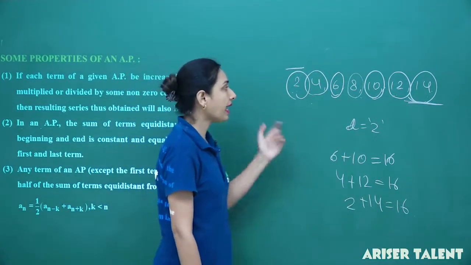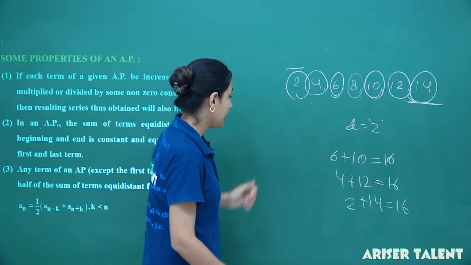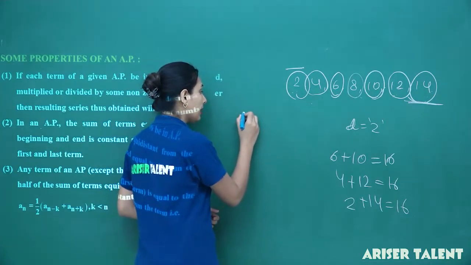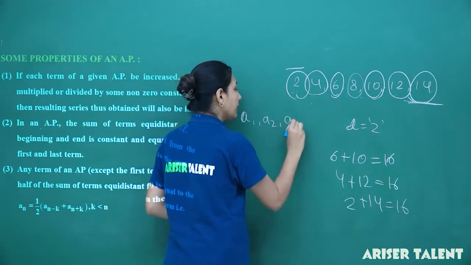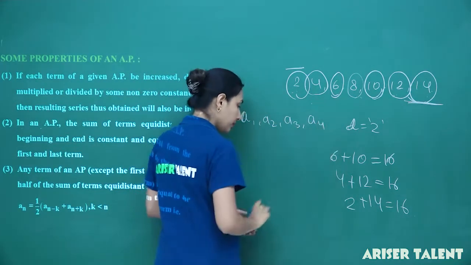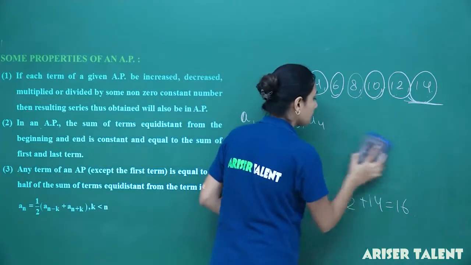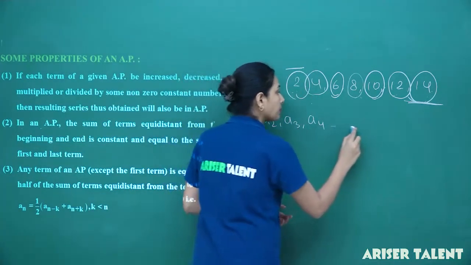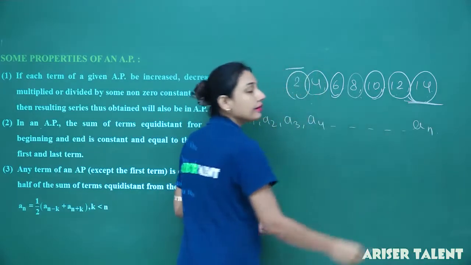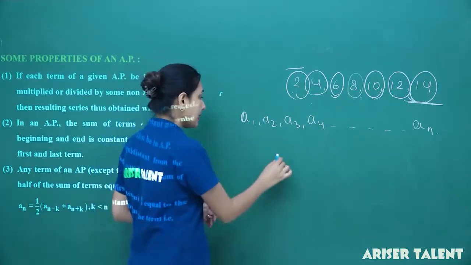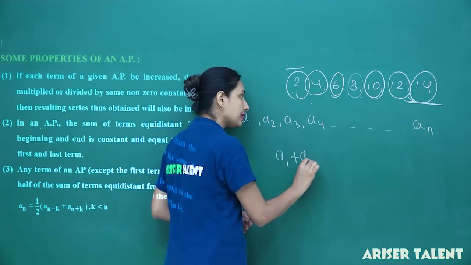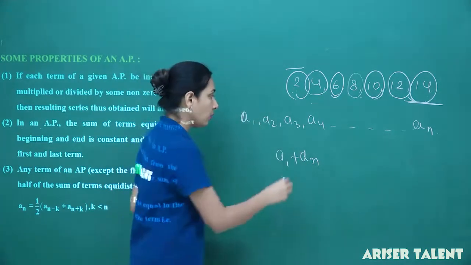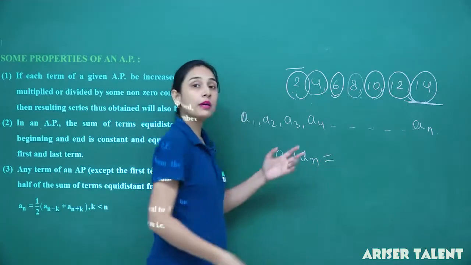So mind, students, that if you have an AP which is A1, A2, A3, A4, up to AN, in this case A1 plus AN will give you some number.